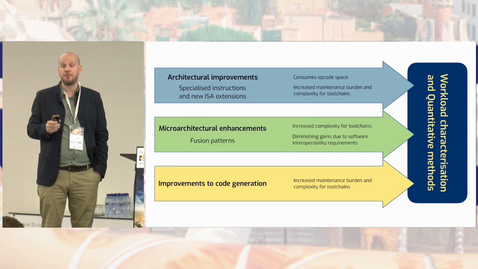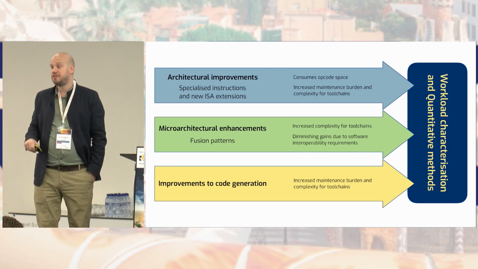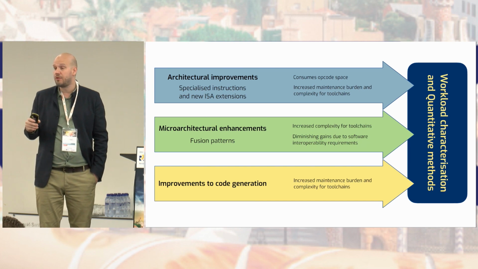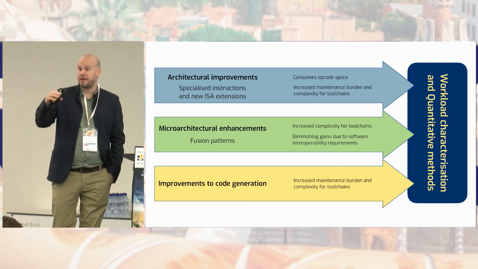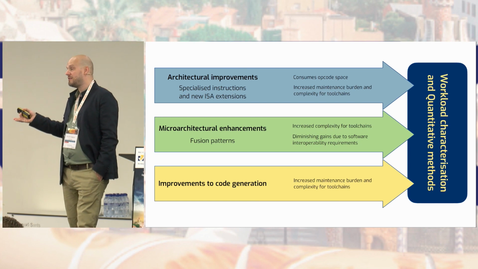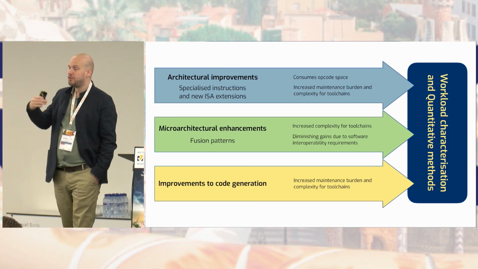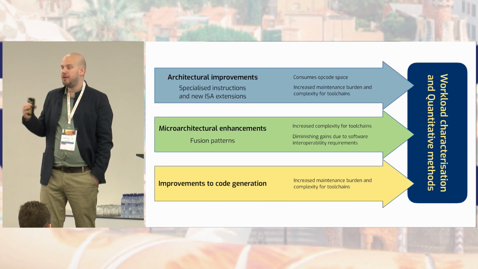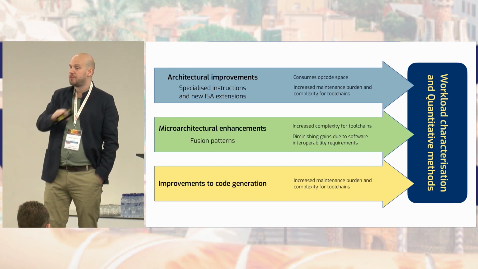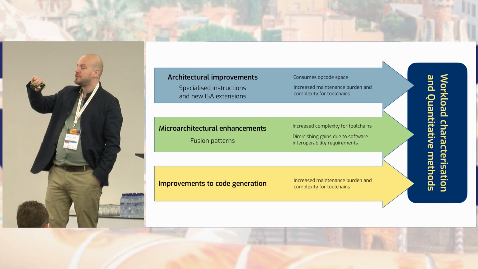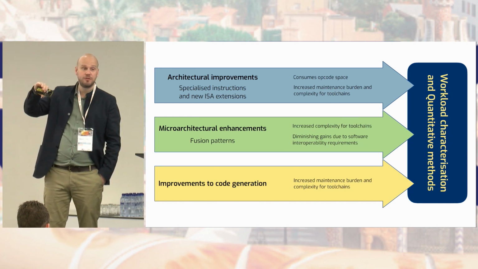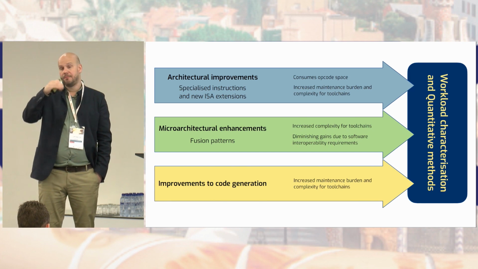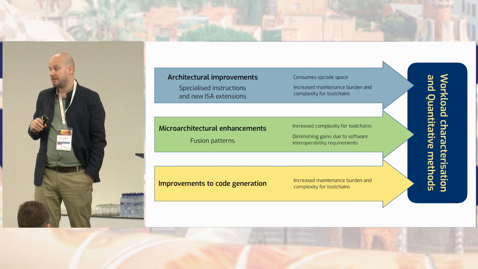So you take a couple of instructions, the pattern is suitable to be implemented in a customized micro-op, you just do that. Again, a bit of increased complexity for tool chains. We need to know the chips are doing that. But there's, in reality, diminishing gains for software. So there's a couple of common use cases that you will fuse, you will get there, and then more effort, fewer gains at some point.